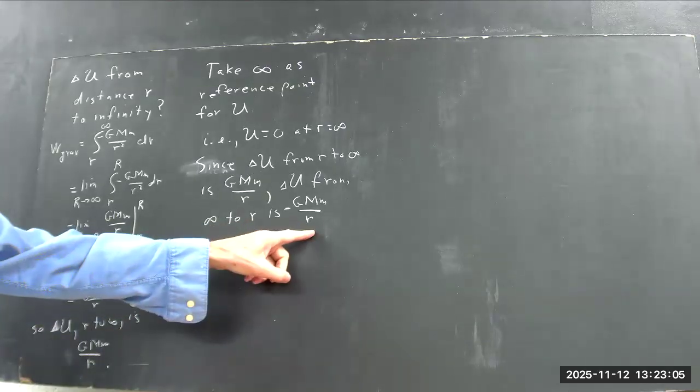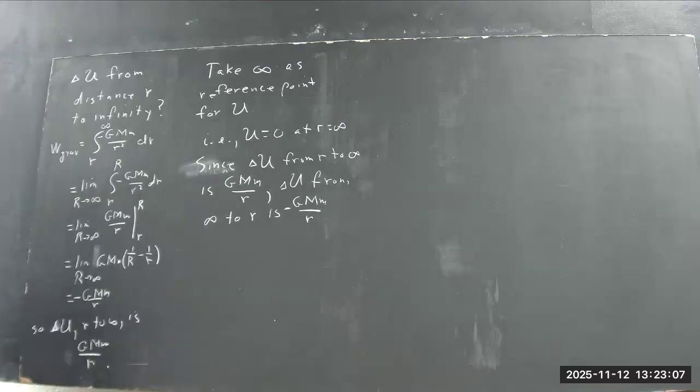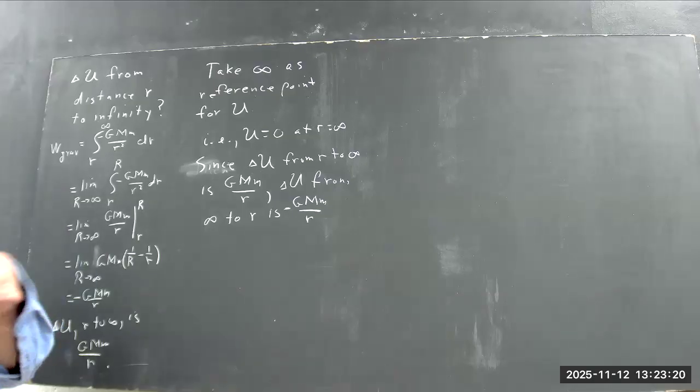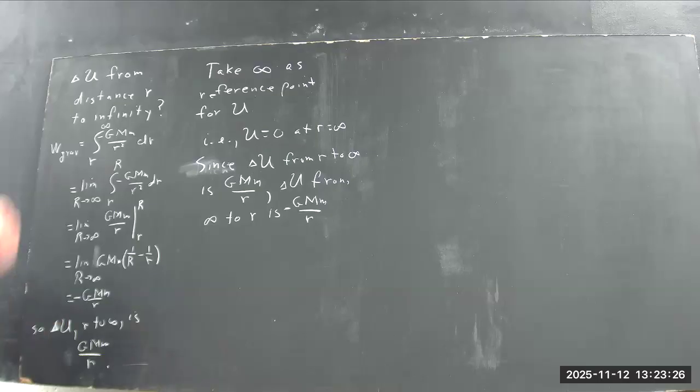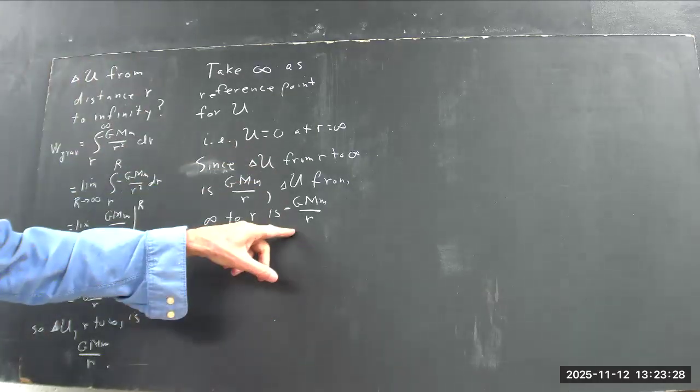So as R increases, your potential energy increases. The only place that makes any sense for a reference point for potential energy, whether it be Earth orbits or atomic orbitals, is infinite separation.